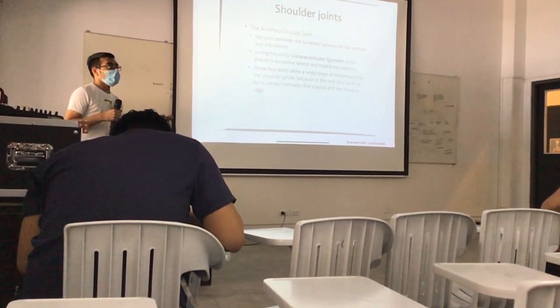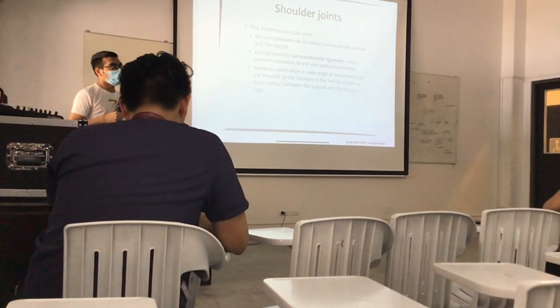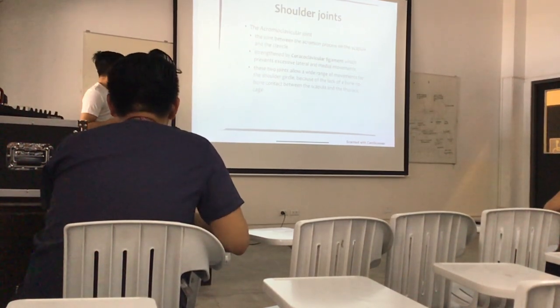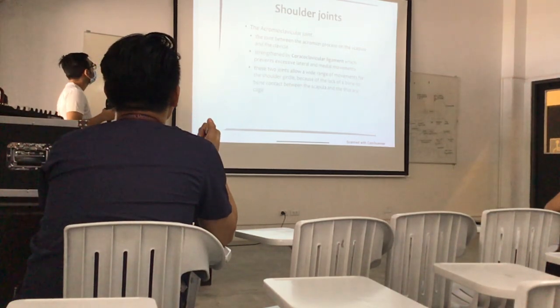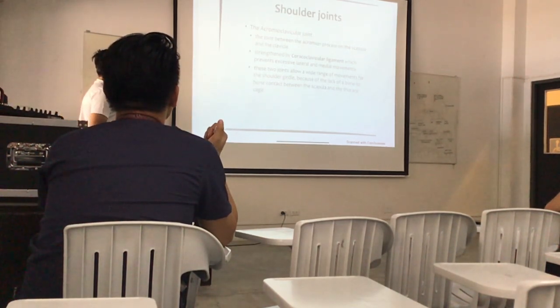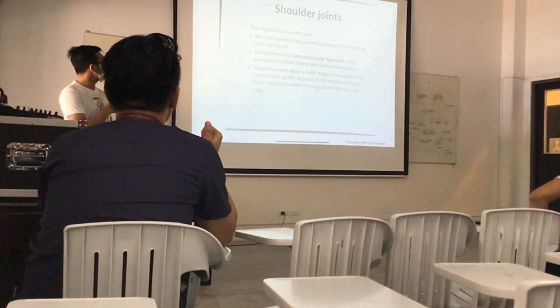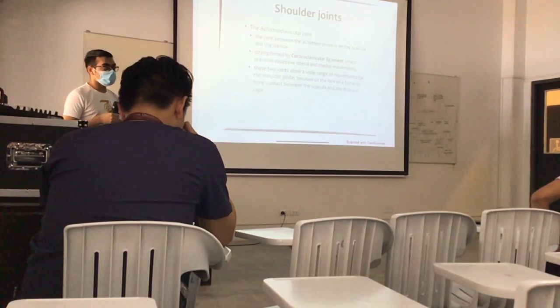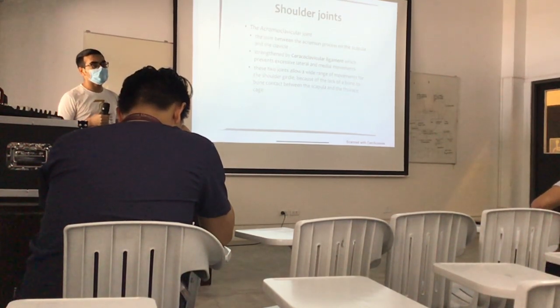So I will check about that later. Now these two joints allow a wide range of movement for the shoulder girdle, like lateral movement and medial movement.